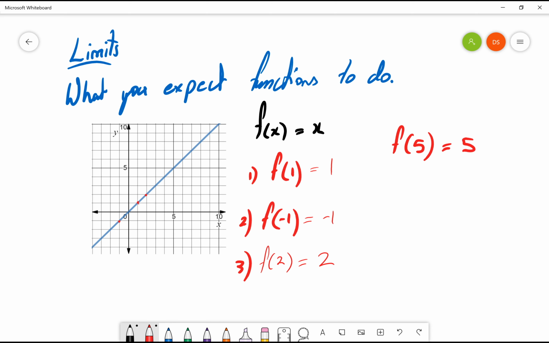Now, I'm going to use some new notation. This notation is called limit notation. What is the limit as x heads towards 4 of f of x?